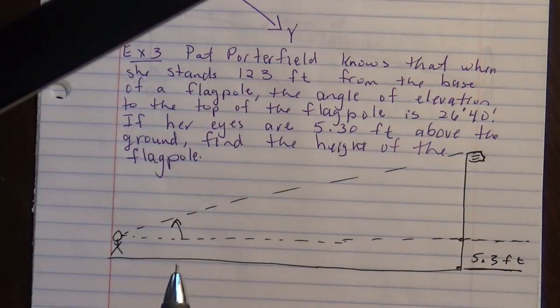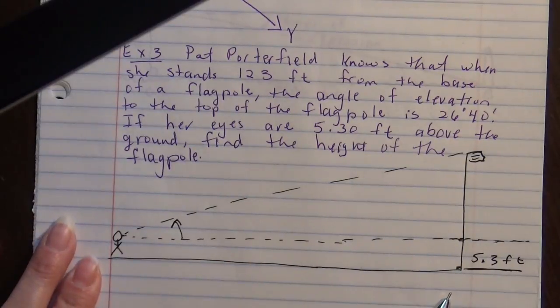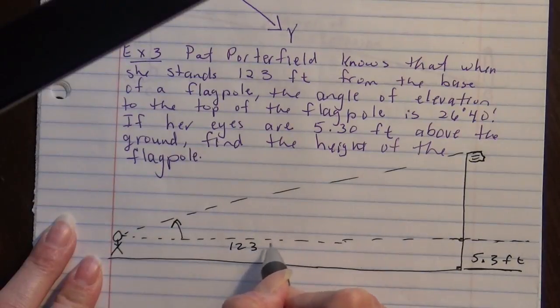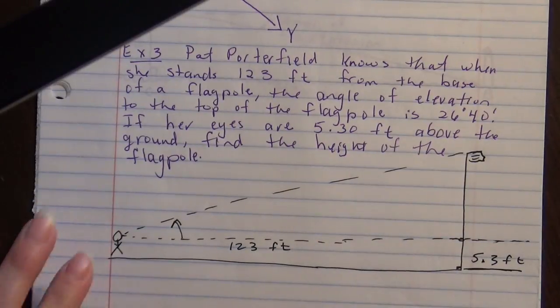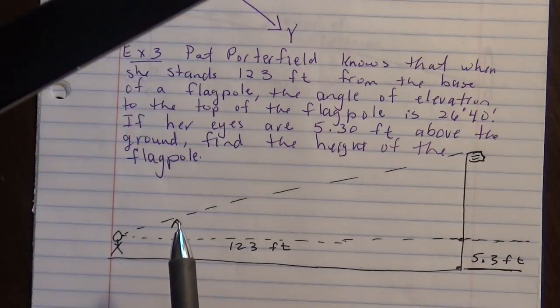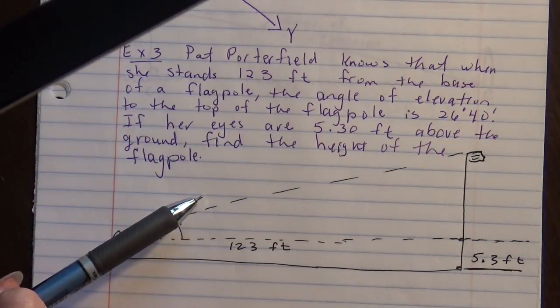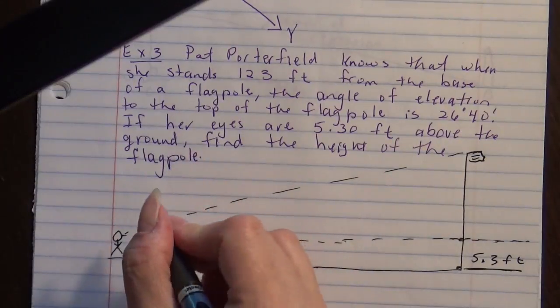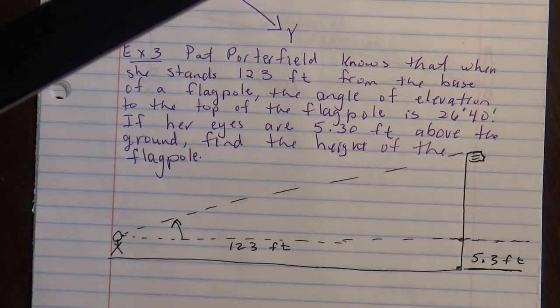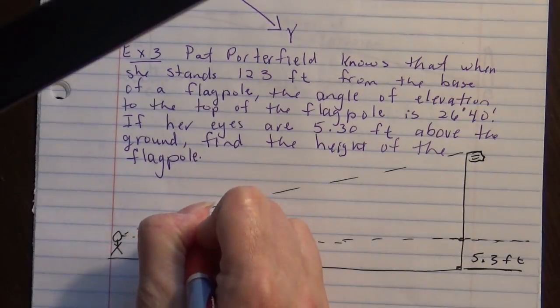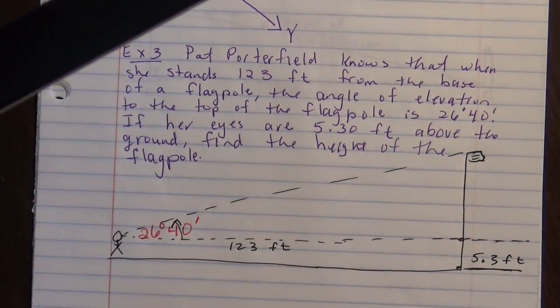She's standing 123 feet from the base of the flagpole, so this is 123 feet here. Her angle of elevation that's formed by looking up at the flagpole is this 26 degrees 40 minutes. And we are asked to find the height of the flagpole.